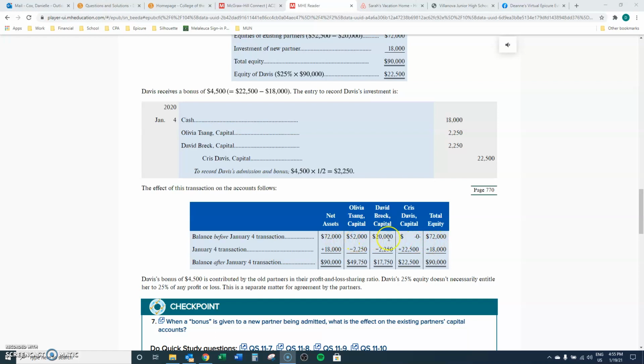Originally, this is the same as the prior examples, but now because of the January 4th transaction, there's an $18,000 increase in assets and an $18,000 increase in equity. That increase is split between the new partner getting a $22,500 increase and the remaining partners decreasing the amount in their capital accounts to less than what it was previously.